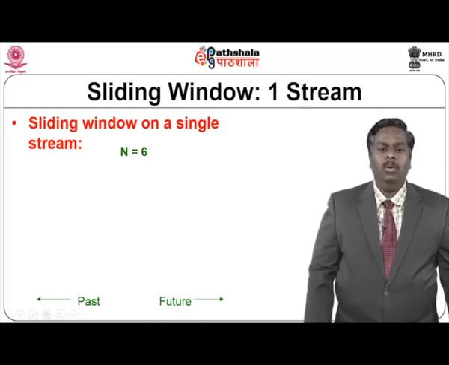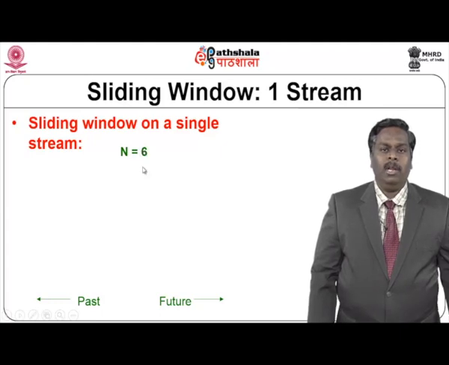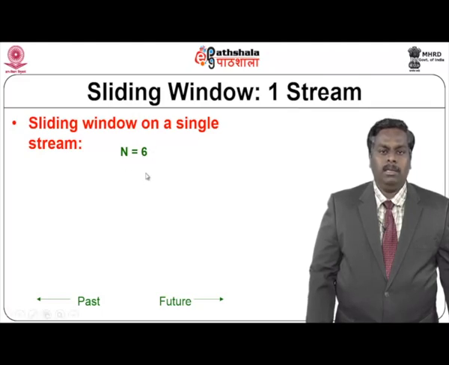Now, for the sliding window, if you want to analyze, assume the window size is 6, that is it can hold n elements. For example, if there are going to be some transactions, then the sliding window currently will hold 6 transactions.